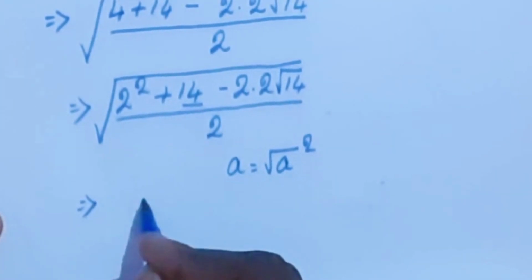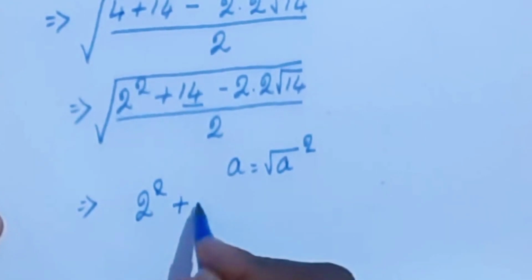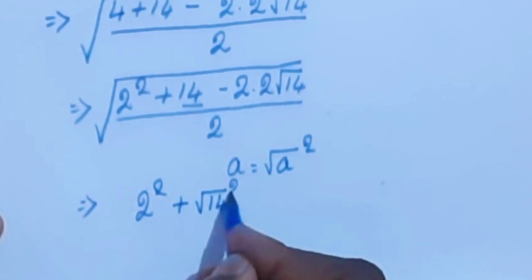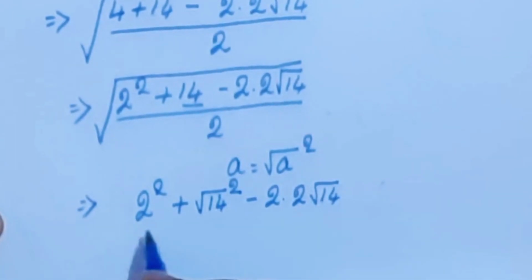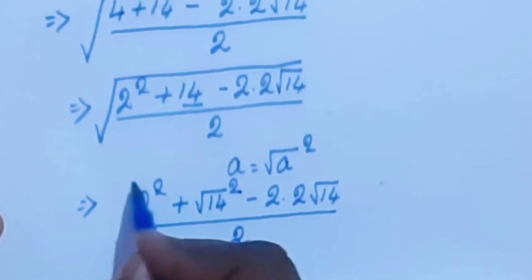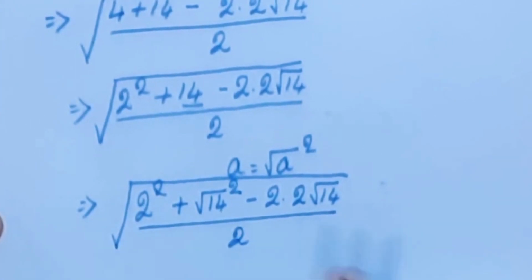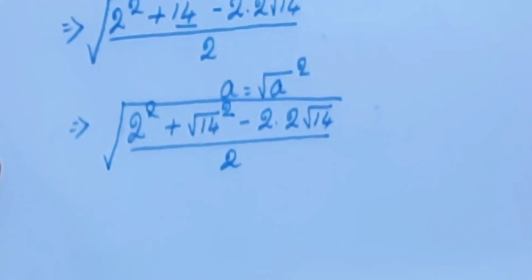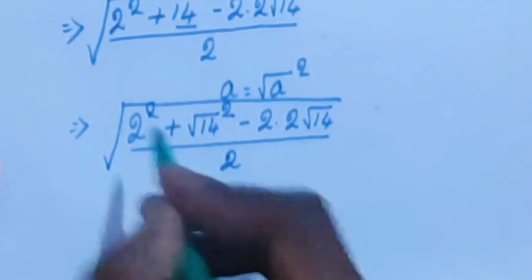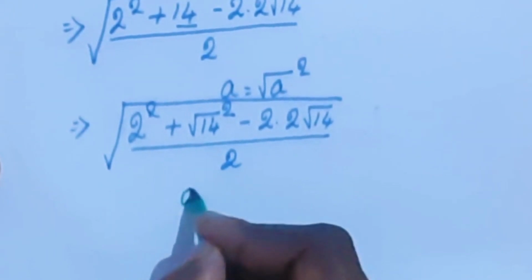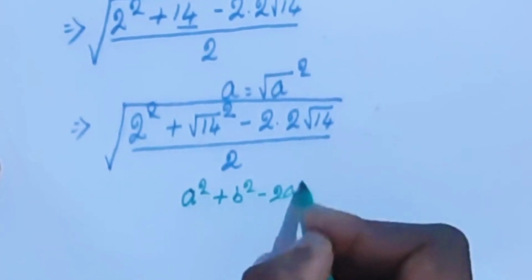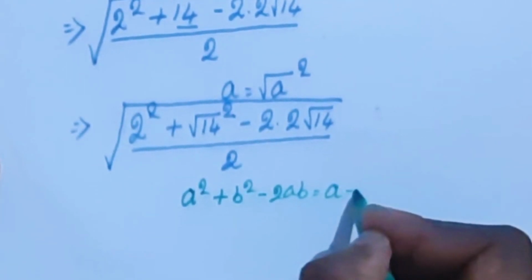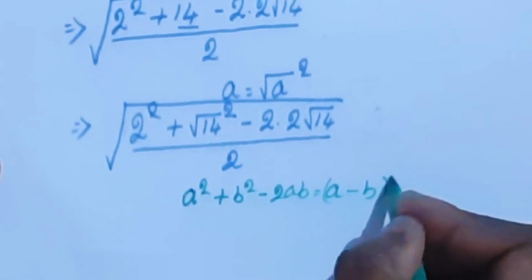So 2 square plus square root of 14 square minus 2 times 2 square root of 14, divided by 2, in whole square root. Now we are going to apply this algebra formula so that this will be solved: A square plus B square minus 2AB equals A minus B whole square. This we are going to apply here.